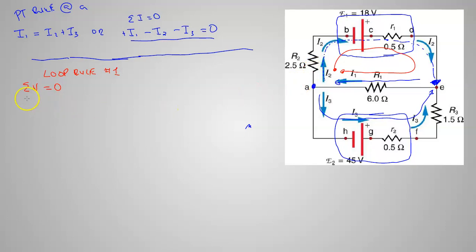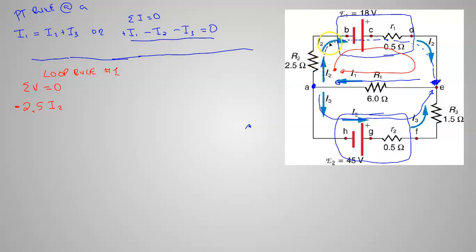I'm going to have a drop right there. And so that's going to be minus 2.5, and I'm on I2. The current times the resistance would be I2 times 2.5, and I lose electricity as I go across that resistor with the current, and so it's a negative.